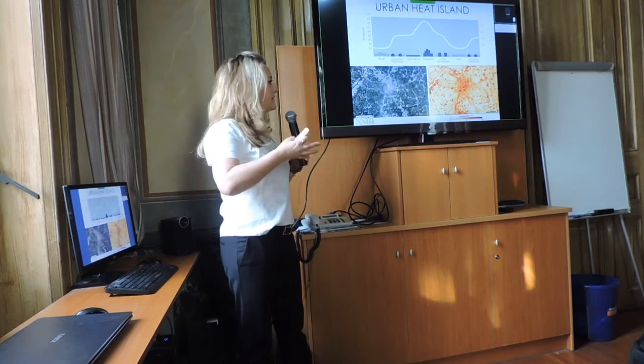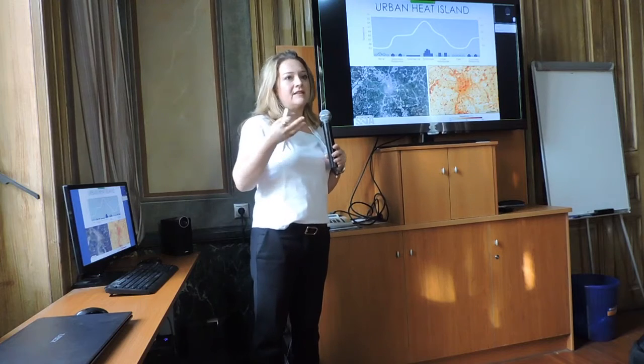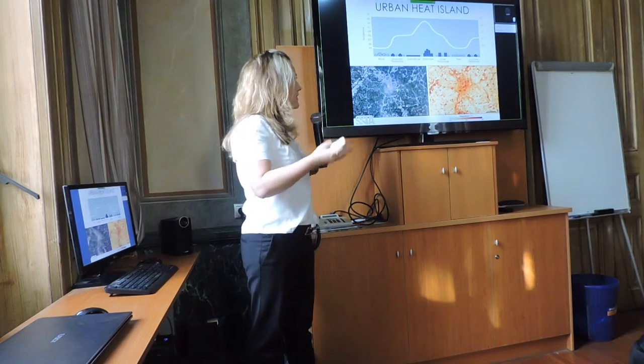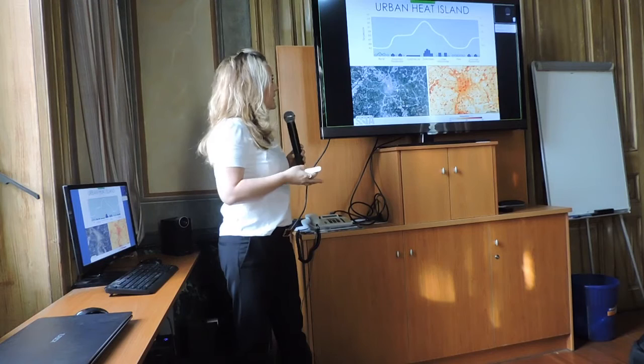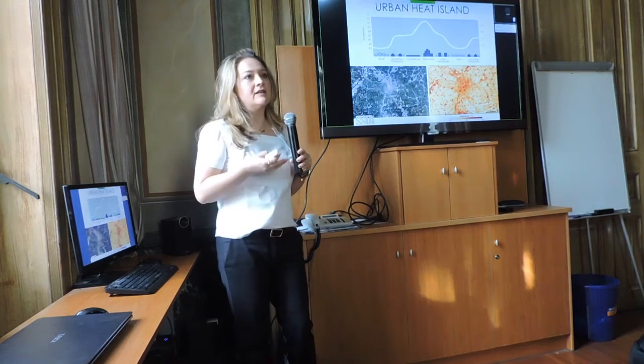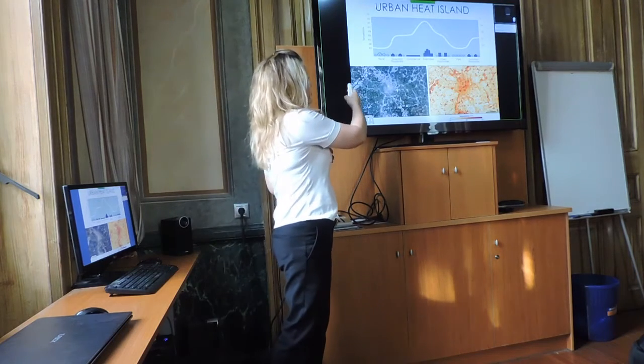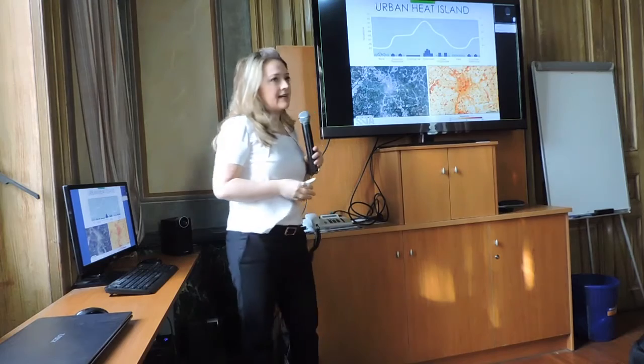And this has to do with the different rate at which a surface is heated up and cooled down during the day. So the urban heat island is the phenomenon where the urban center is warmer than the surrounding areas, which could be suburban areas or rural areas.